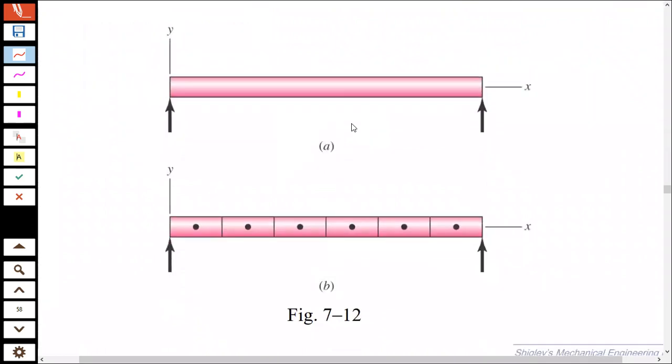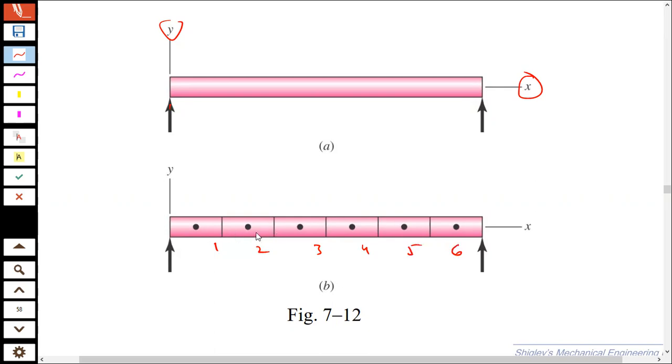For example, let's say that this is a shaft. So what do we do to the shaft? These are the supports for the shaft. Let's say this is y and this is the x-axis. So what we will do is we will separate this shaft into 1, 2, 3, 4, 5, and 6.